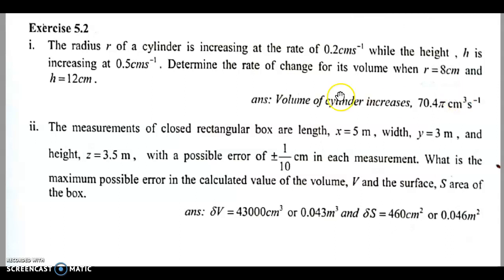By the calculation of rate of change, we will know that later. The volume will increase by 70.4 pi centimeter cube per second. So in seconds, the volume will increase by this amount. All right, so let's see how to find this answer.